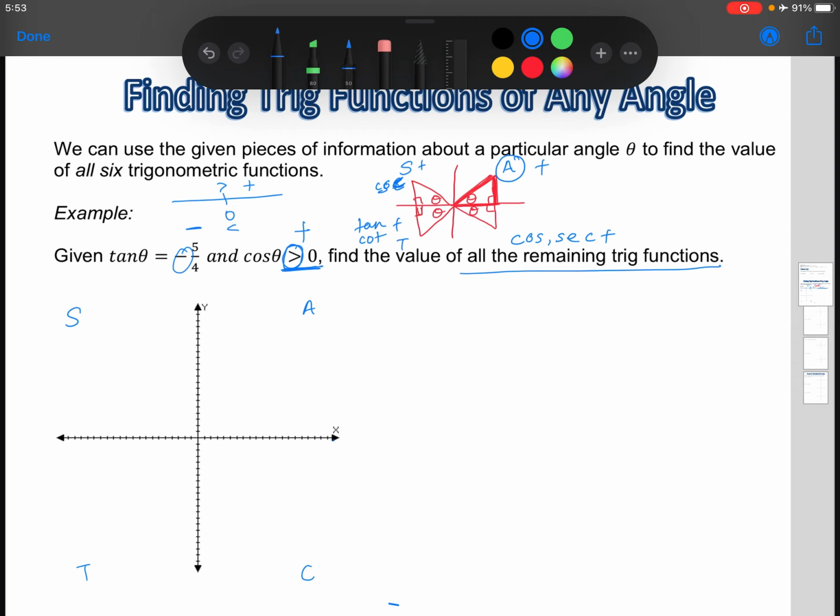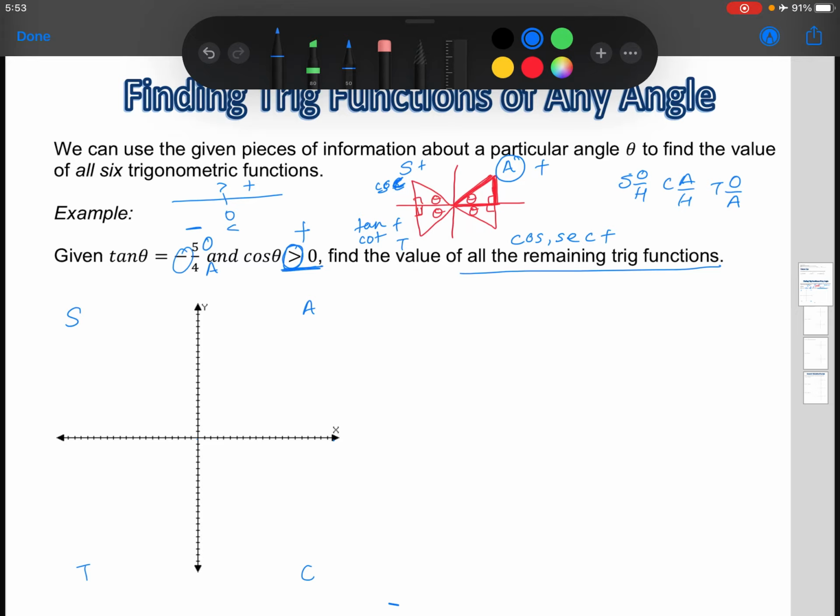So let's draw our reference triangle. So how do we draw this reference triangle? Remember, the ratio for tangent is what? I'm going to write my SOHCAHTOA here. Tangent is opposite over adjacent. So this is opposite and that's adjacent. So it's going to be 5 over 4.